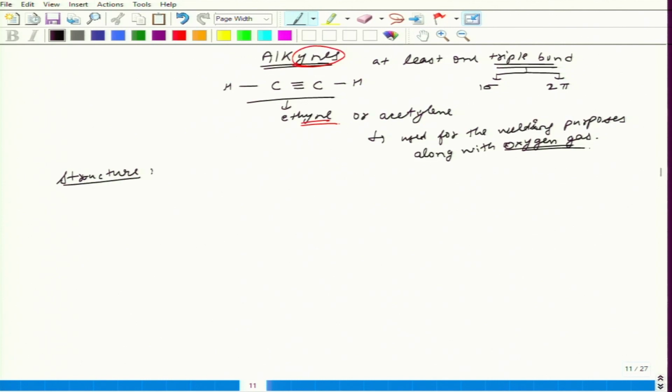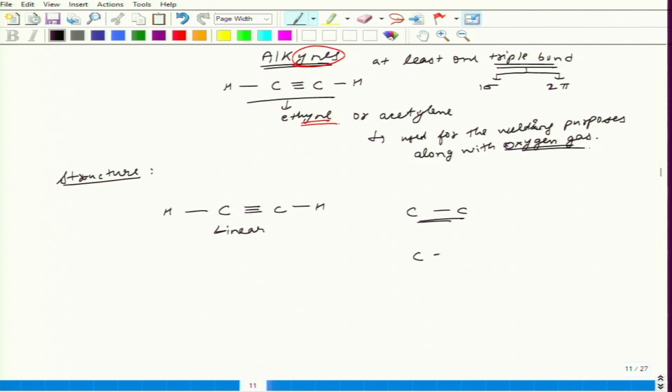What's the structure of this? First of all, the shape of this is a linear molecule, meaning it is in one single line. Now you already know how the C single bond C is formed.